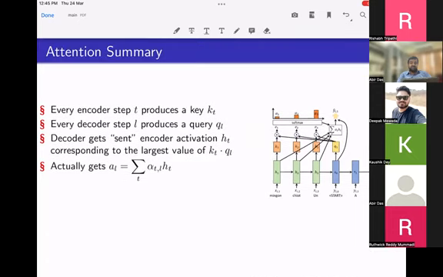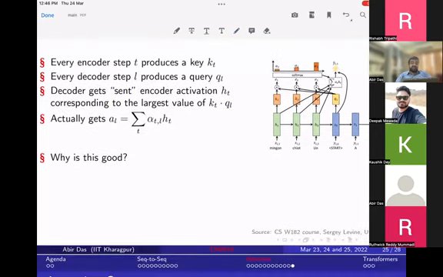Now let us go to the summary. Every encoder step T produces a key KT, decoder step L produces a query QL, decoder gets sent, within quotes, encoder activation HT corresponding to the largest value of KTQL, but actually it gets AL as this softened version.